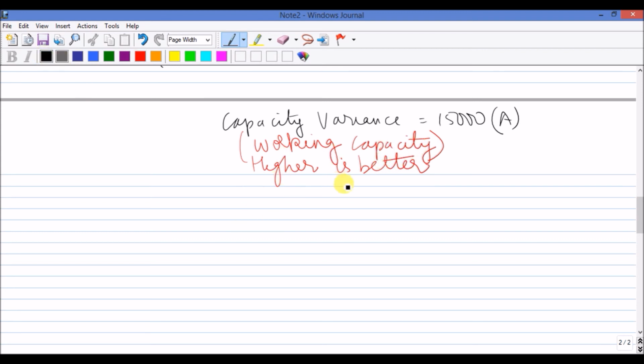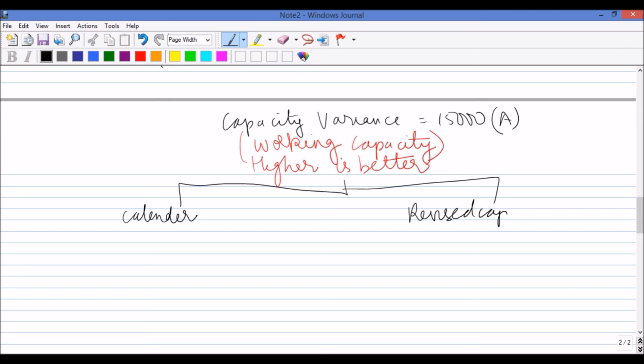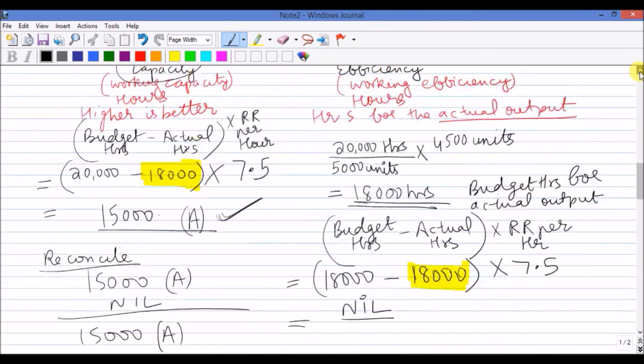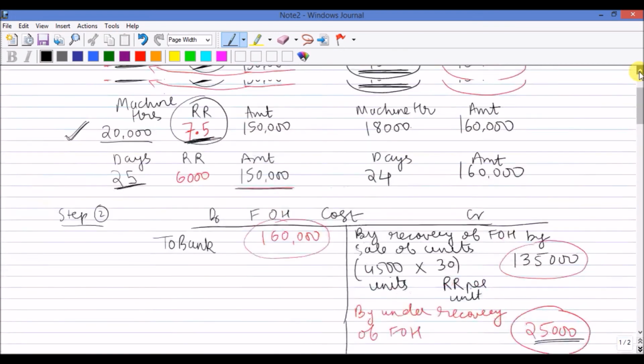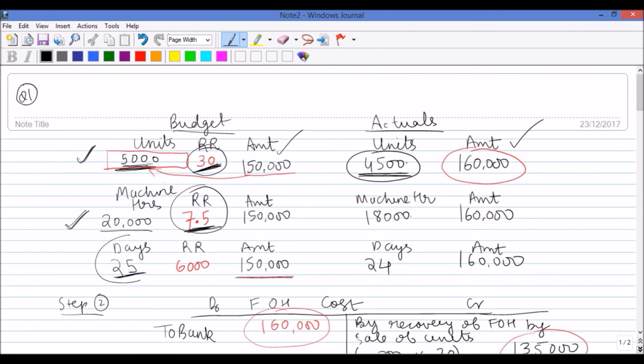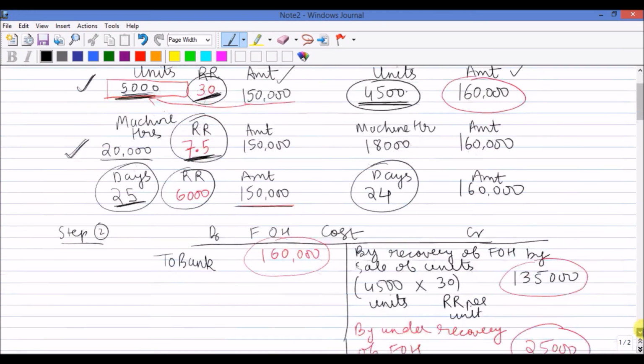Now this variance is divided into two parts. One is called the calendar variance, and the other is called the revised capacity variance. Now friends, calendar variance is related to days. So now we have to go to the question. 25 days is the budget, and actual is 24 days, and the recovery rate is 6,000.